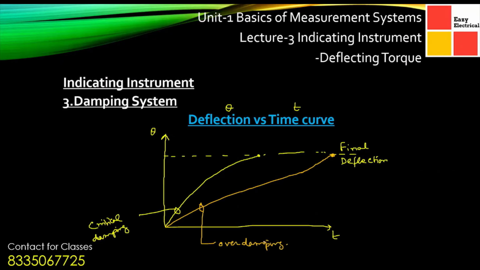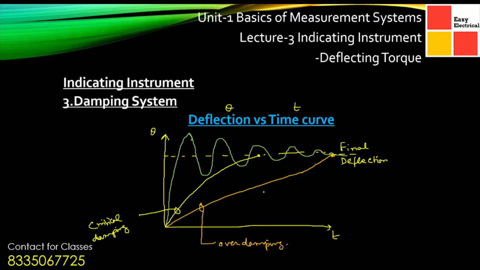But in day-to-day usage, we basically use an under damping system. This is a typical representation of an under damping system. Here you can see the oscillations slowly dying out, and after some time it reaches the final deflected position.